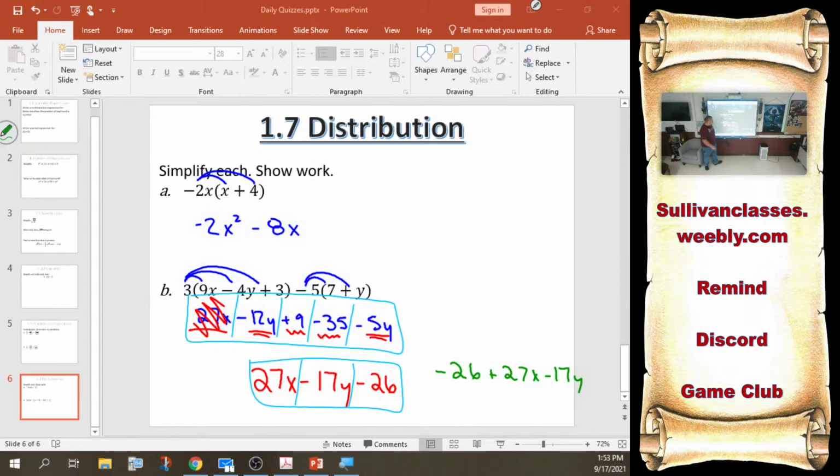That's cool. But if I had said 17y minus 27x minus 26, that's not a -17y anymore. That's not a positive 27x anymore. Okay? So if you got them rearranged but still the same terms, you're okay.